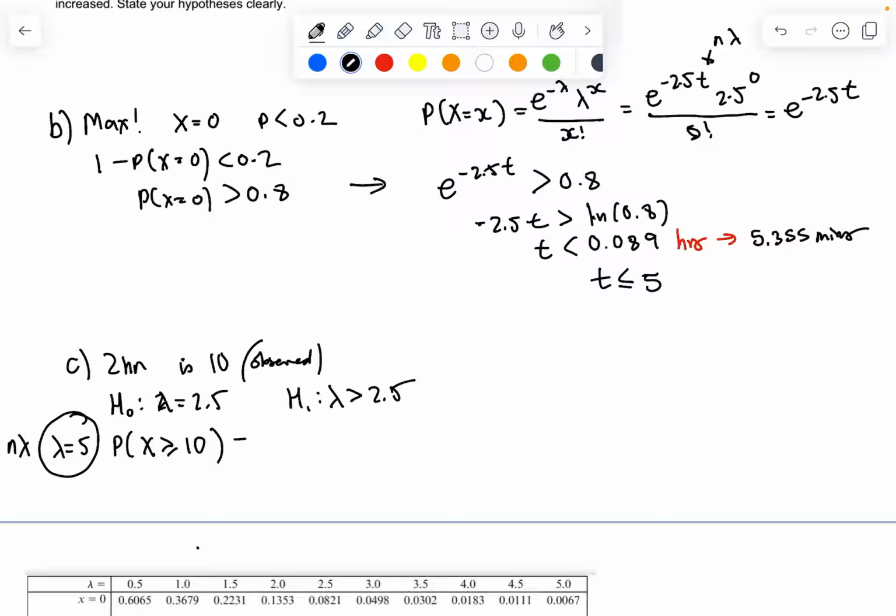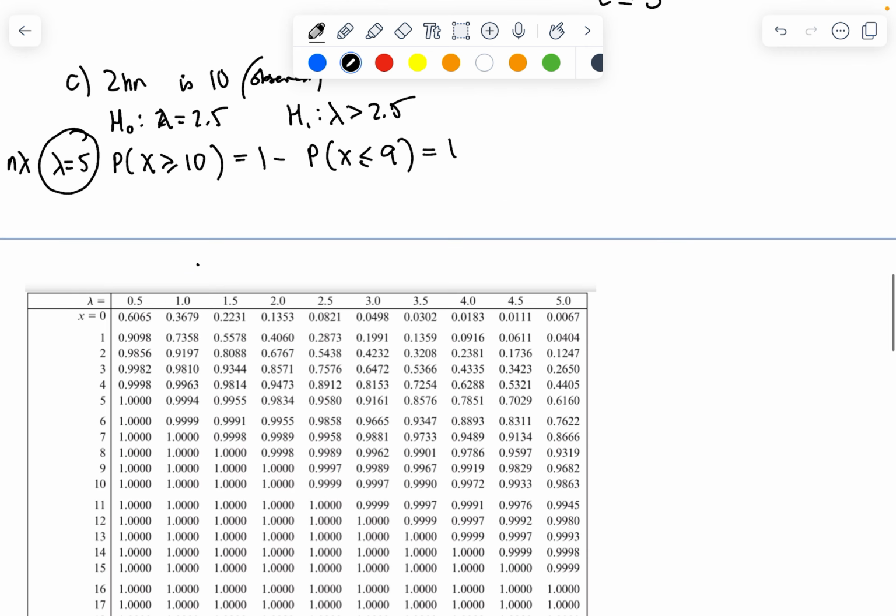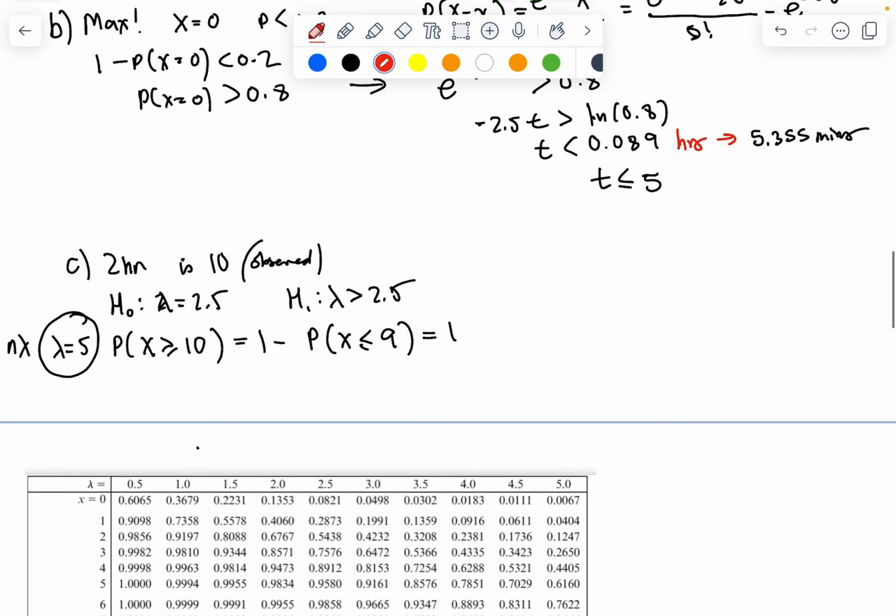Okay, and to do it greater or equal to 10, we do 1 minus P(X less than or equal to 9), which equals 1 minus, well, if our lambda is 5, and we go down to 9, that's 0.9682. So 1 minus 0.9682, and that gives us 0.0318.